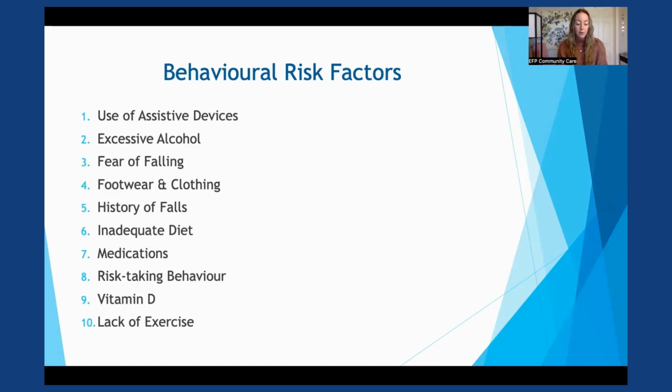So footwear and clothing. Some features can increase risk of falls. Looking at shoes, if the sole is too thick or if there's a slippery sole, if you make contact with a slippery surface, or the thicker sole, it can be a tripping hazard. Clothing, if it's too long, slippery material, or too tight. If it's too long, you can get caught in things.